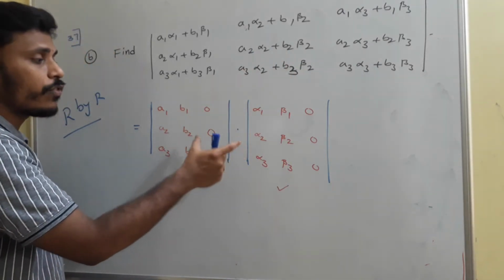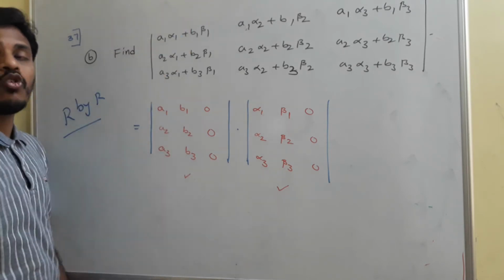So a direct product of these two determinants is equal to the value of the given determinant.